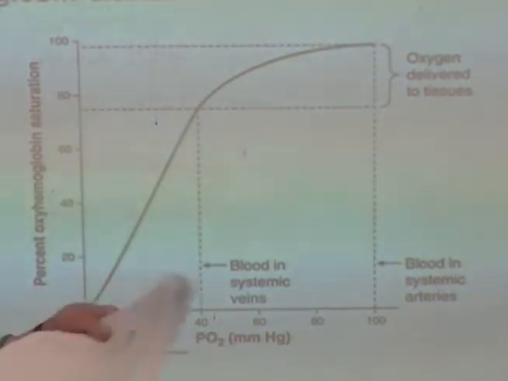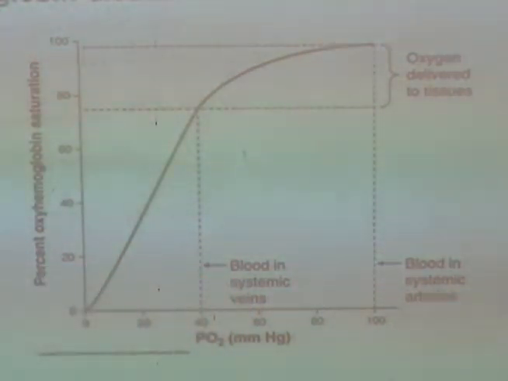And when I'm cold, the bus locks all the doors and the windows and the oxygen is trapped on the bus. So we can't exercise efficiently when our muscles are cold because the oxygen has a harder time getting into the muscle tissue and being available for ATP production. So we have to warm up those muscles so that we can improve oxygen delivery to the muscle cell.